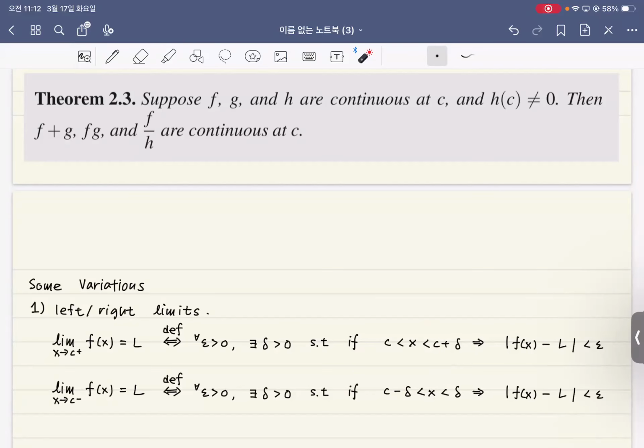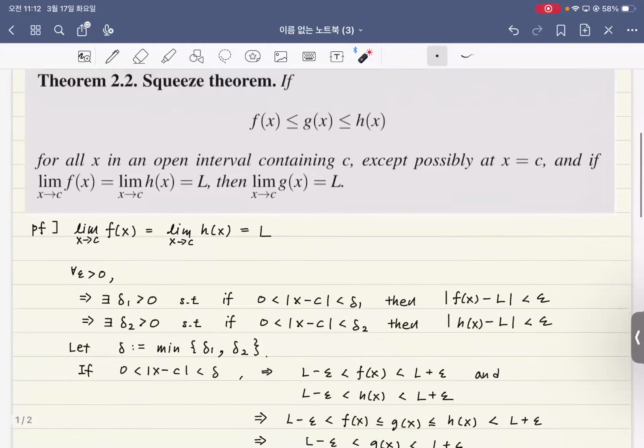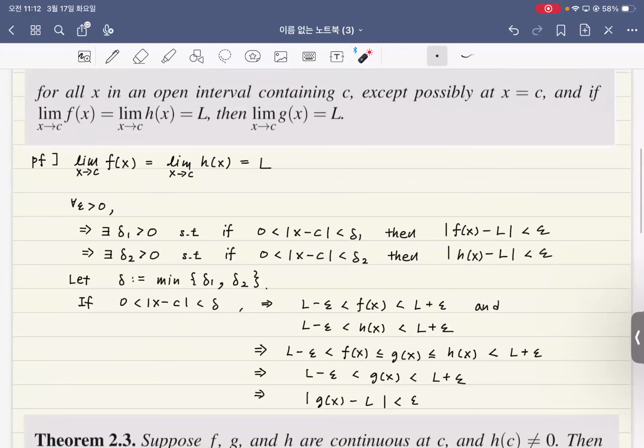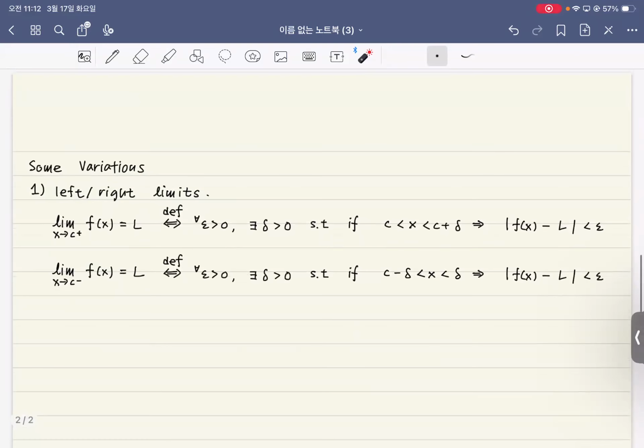But the only difference is that previously we were interested in the behavior of the function in the deleted neighborhood of c. Say this is point c, and this is the length of delta; then we are talking about the behavior of the function near the delta neighborhood of c.